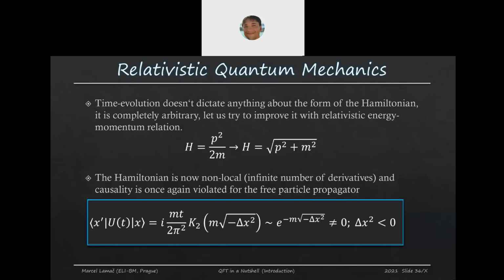But even when we calculate the probability amplitude itself, we see that causality is once again violated, because now we get at least exponential decay beyond the light cone for the evolution of a free particle, but it is still non-zero. It is exponentially declining beyond the light cone, so this is better in some sense, but it is still non-zero. So again, not good.